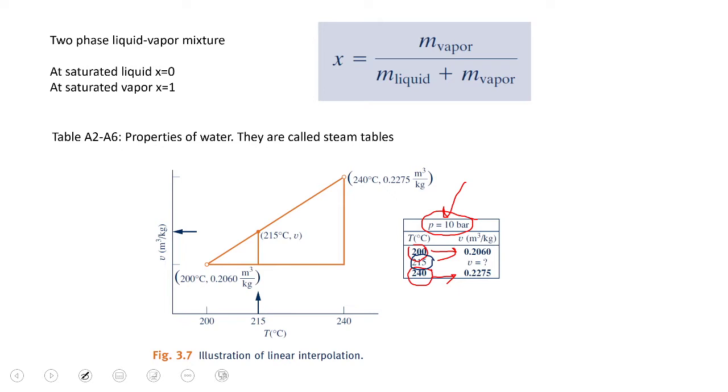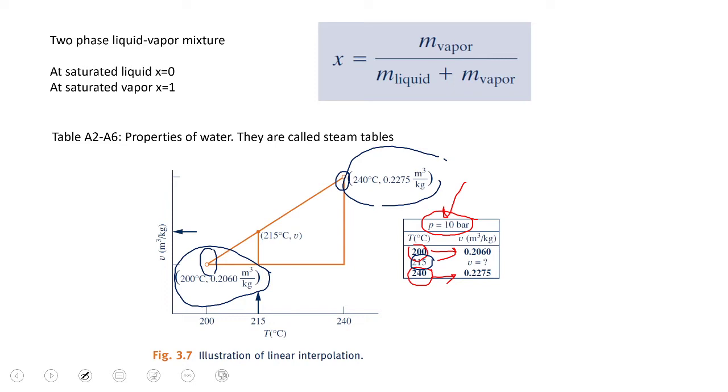So 200 versus specific volume is plotted here and 240 is plotted here. These two things we know from the tables at the back of the book. For anything between them we would have to use interpolation, which basically means that we are assuming that it is linear between the 2 points.